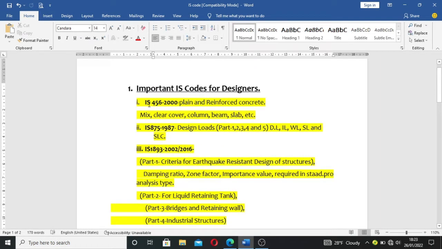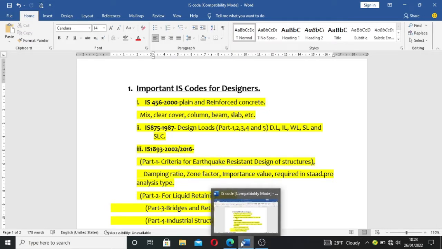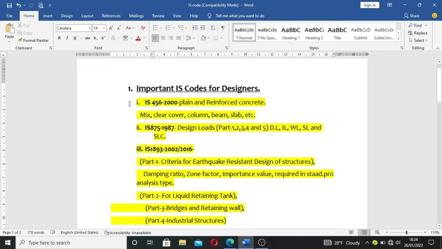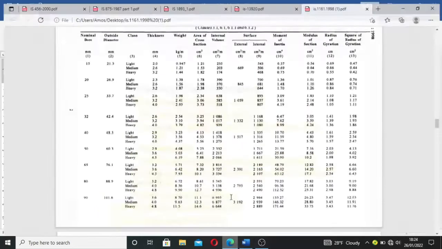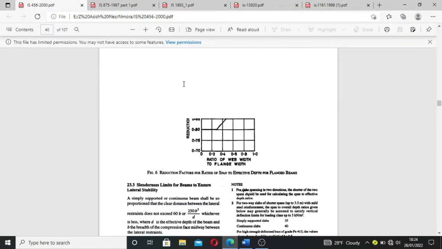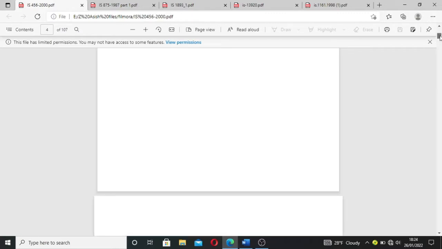In IS 456 2000, it basically talks about plain and simple concrete that you know very well, guys. So why should we know IS 456?